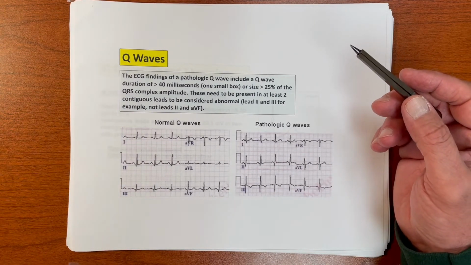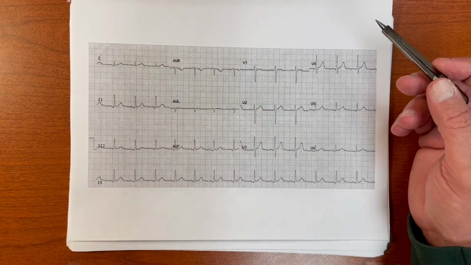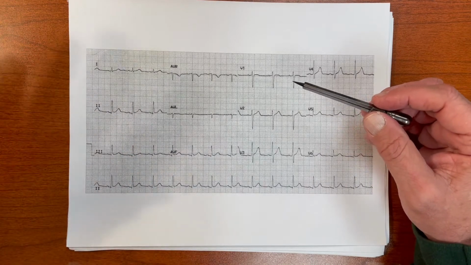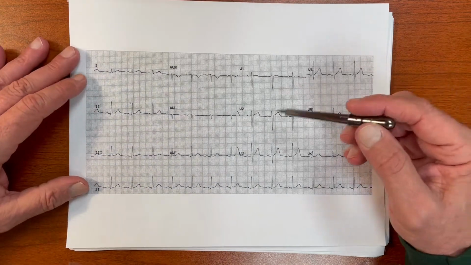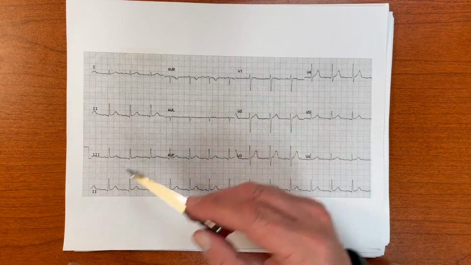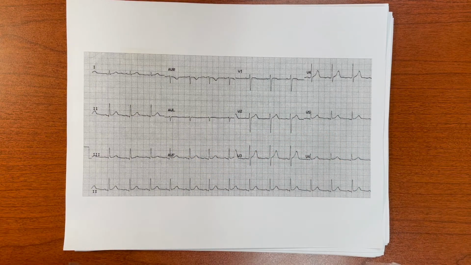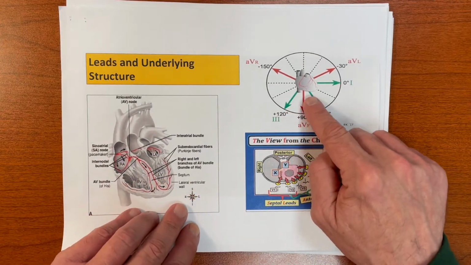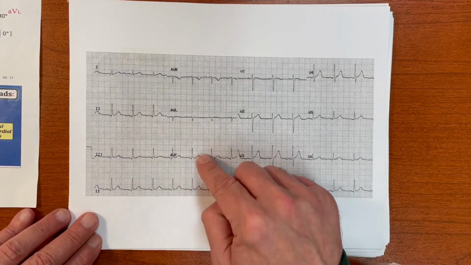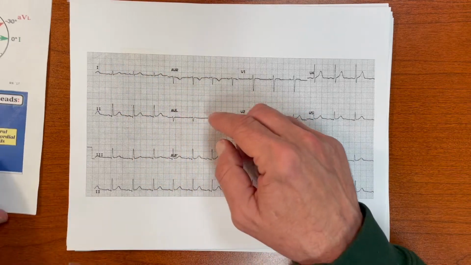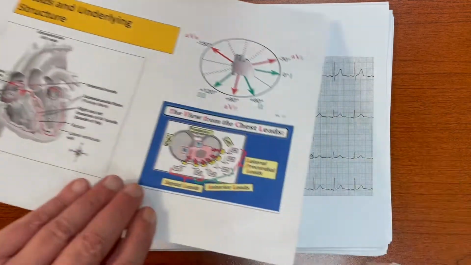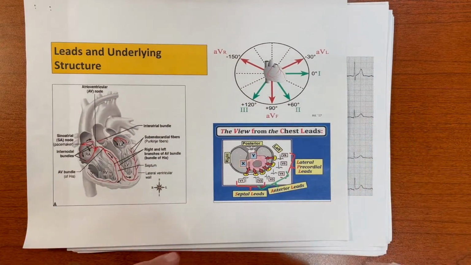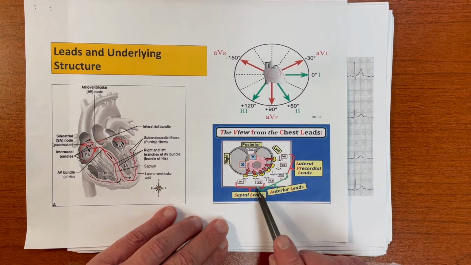When we're looking at a standard EKG, we're going to be talking about leads versus surface structure. The inferior leads are 2, 3, and F. Lateral leads L and 1. The septal leads are V1 and V2.